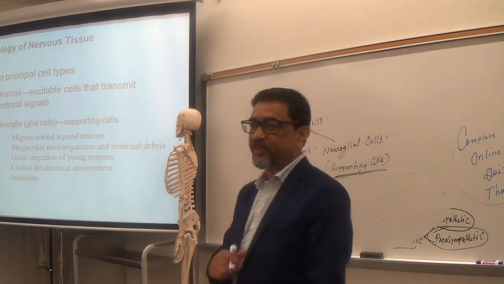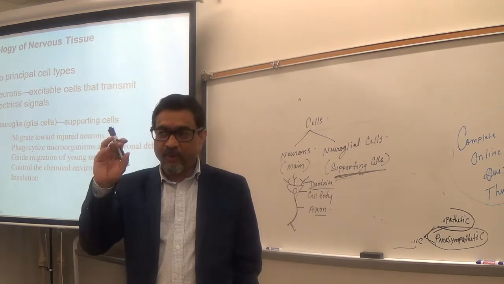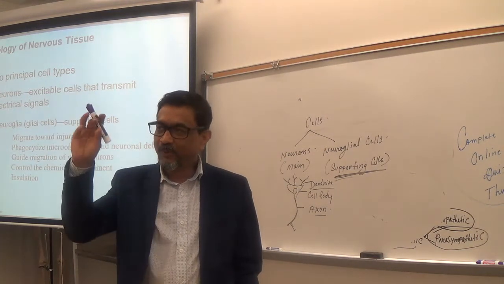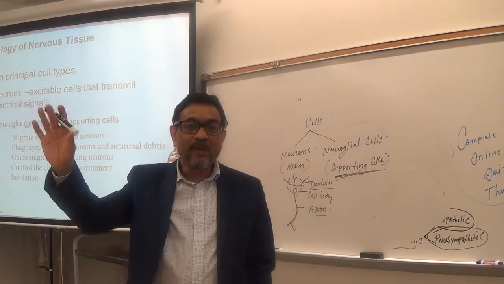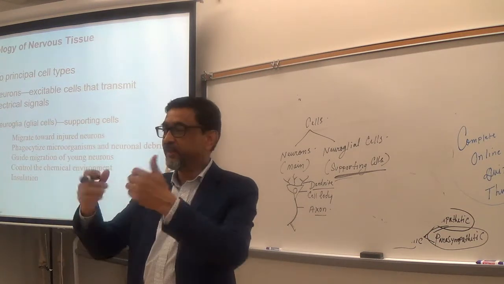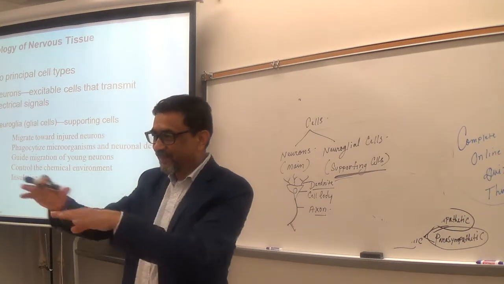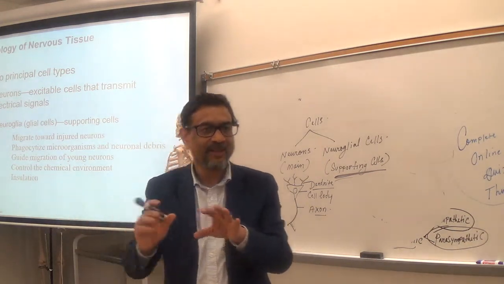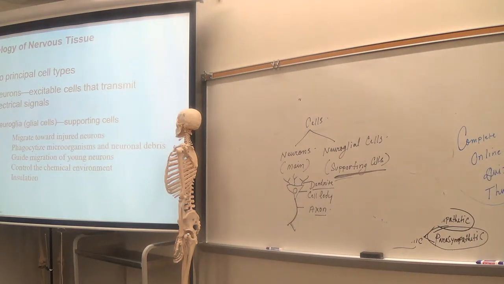If in your nervous system, for example in your brain, any injury occurs, some neuroglial cells will move there. Make sense? To do what? To engulf the dead cells, injured cells, to clean that area. It's interesting, right? They will move there and perform some important functions.